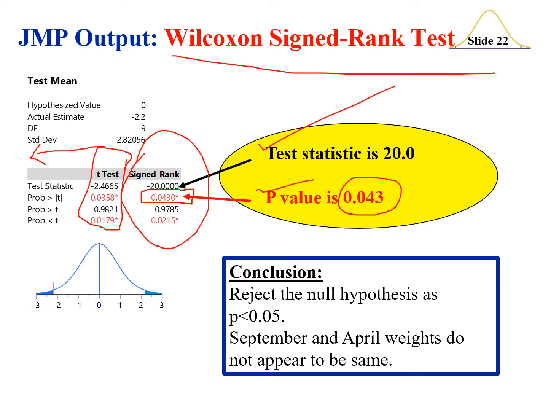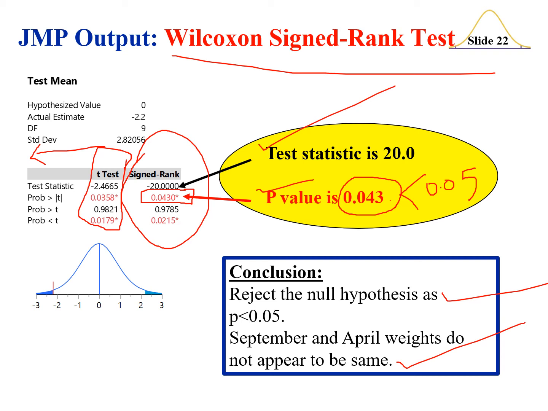Focus only on the p-value, which is 0.043. This p-value is less than 0.05, so reject the null hypothesis. This is the decision. Reject the null hypothesis and conclude that September and April weights do not appear to be the same.